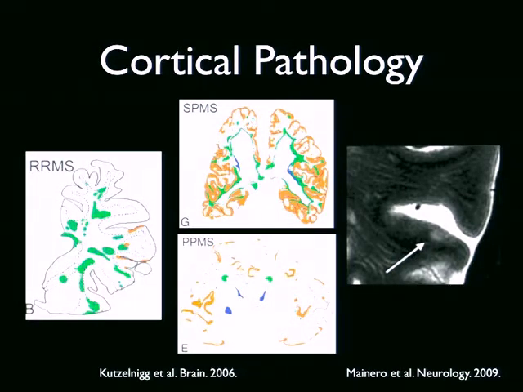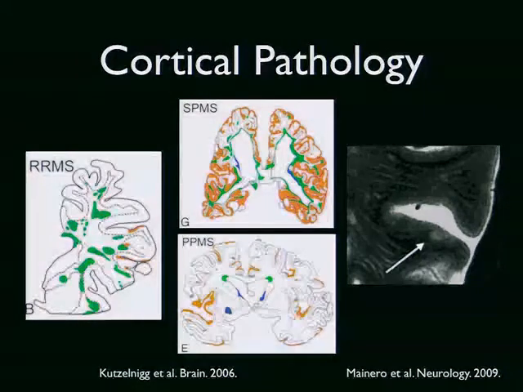One study from 5 years ago looked at autopsy brains and did a good job of looking at the distribution of changes in the gray matter in MS. What they found was that while there was evidence of cortical pathology in relapsing-remitting patients, this tends to be much greater in those patients with progressive disease, so those with secondary progressive MS and primary progressive.